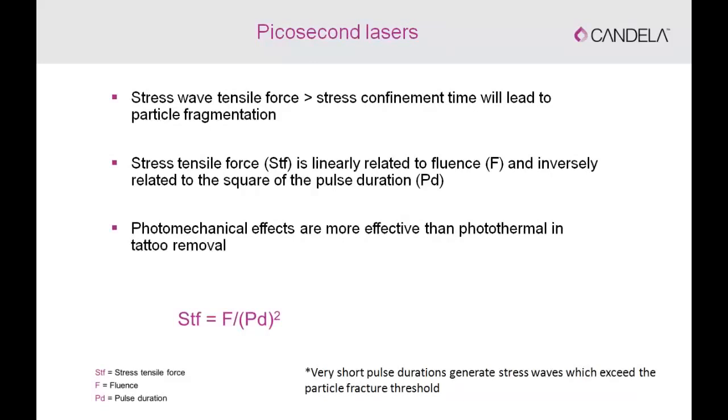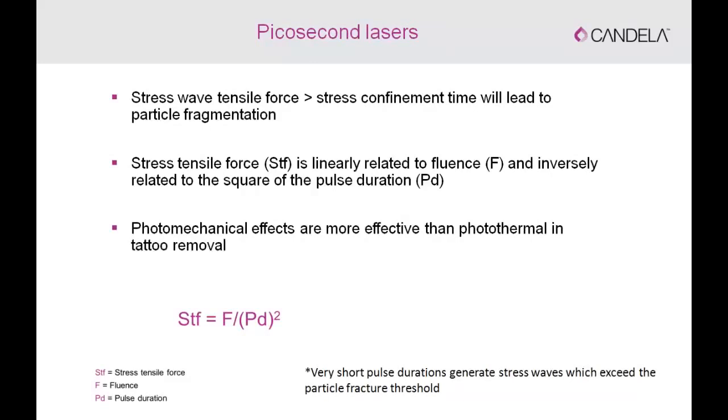And the stress tensile force here is linearly related to the fluence and inversely related to the square of the pulse duration, which means that by simply shortening the pulse duration, you will have a much higher stress wave tensile force, rather than having a fixed pulse duration and increasing fluence. Because this was the principle that we had when we were using nanoseconds.